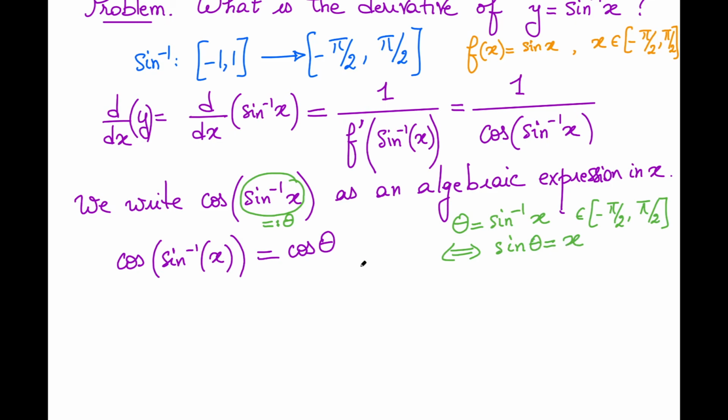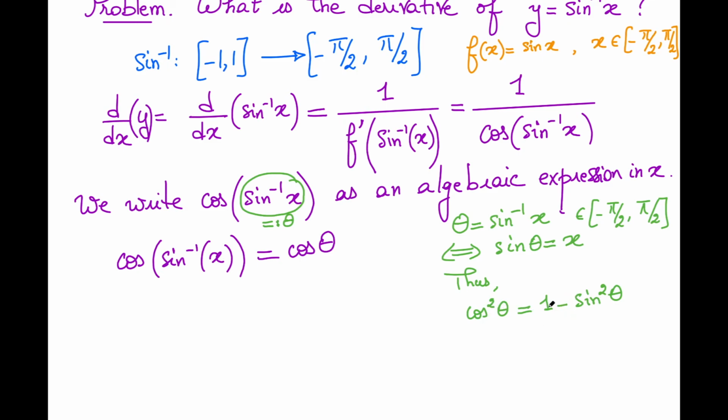Sine theta is x. What do I want? I want cosine theta. What can we say about cosine theta using one of the Pythagorean identities? We know that cosine squared of theta plus sine squared is 1. So cosine squared is equal to 1 minus sine squared of theta. Correct? This is probably the most important identity that you learn in the trig class.